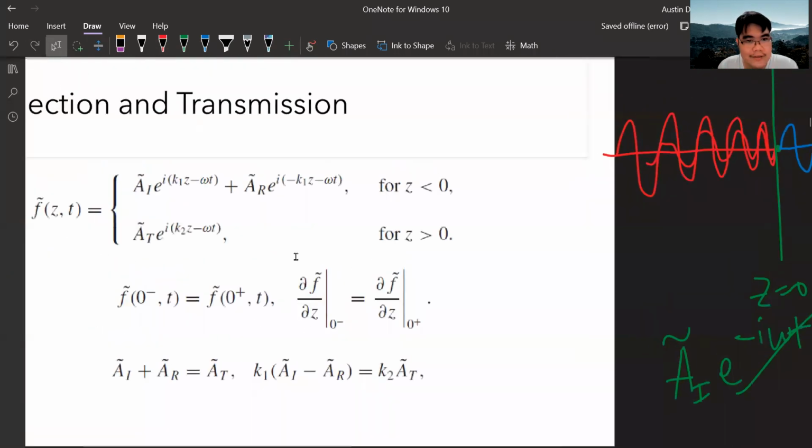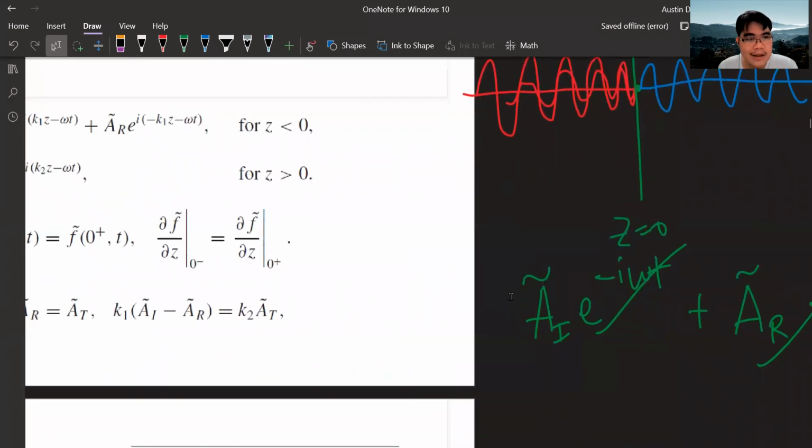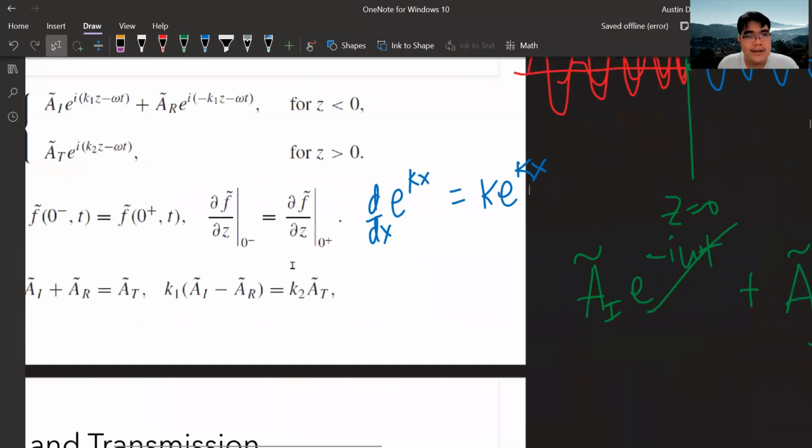Kunin natin derivative. Okay, mabilisan na lang. Kaya natin to, no? Pag alam naman natin derivative ng e raised to kx, di ba? E raised to kx, derivative nito with respect to x. Di ba nasa mga memes to? Di sila tinatablan ng differentiation. So, bababa lang yung constant, no? Okay.